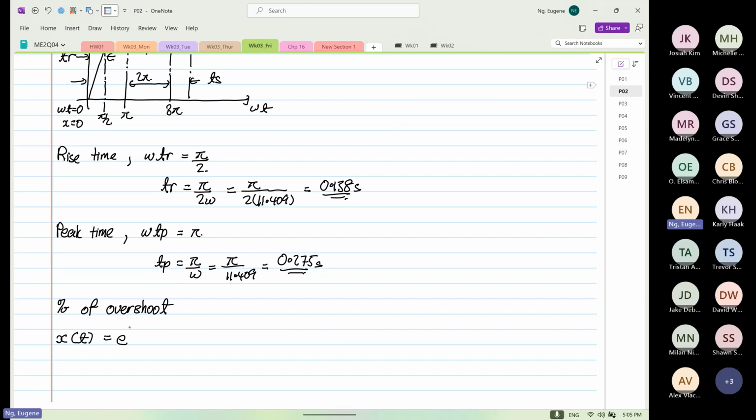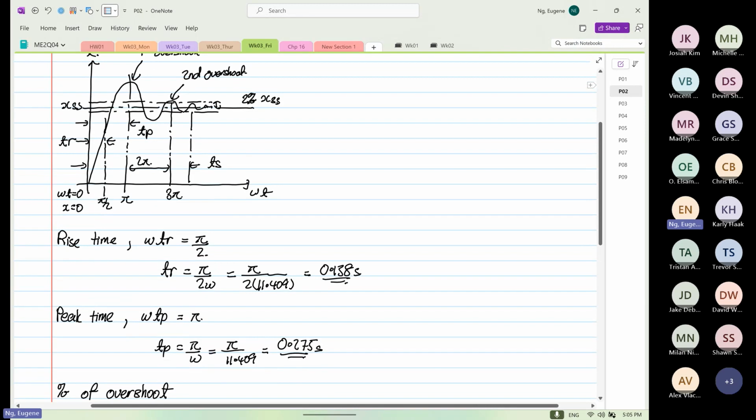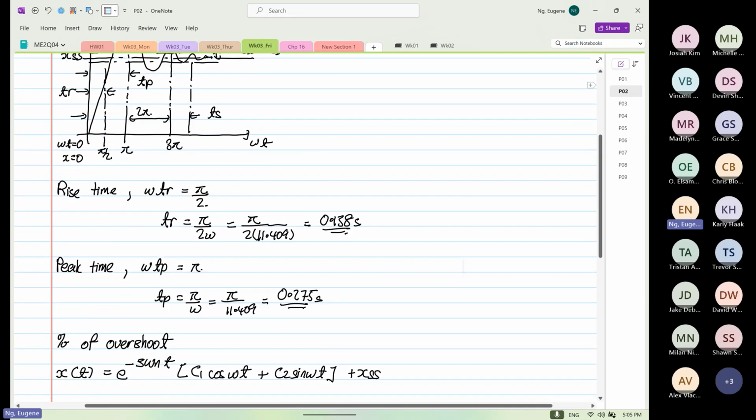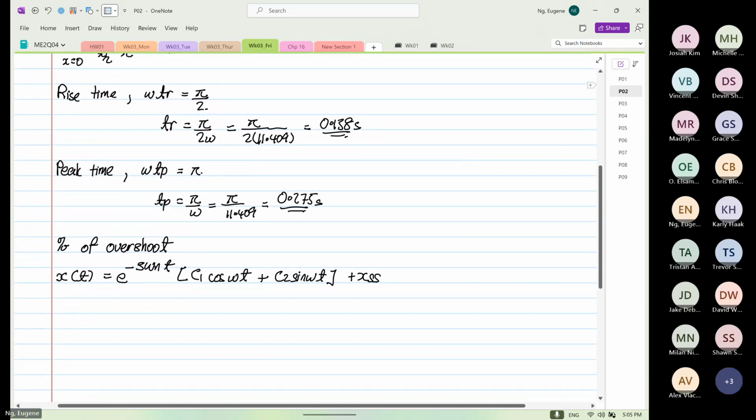This is equal to e to the minus zeta omega n t, bracket, C1 cos omega t plus C2 sine omega t. And then you have to add XSS, the overshoot. When it settles down to 0, XSS is equal to 0. But if you look at this graph, XSS has a certain magnitude. Yes, just put in the x-axis.